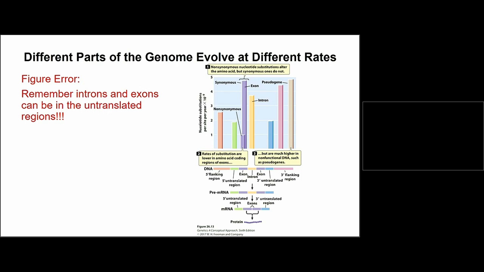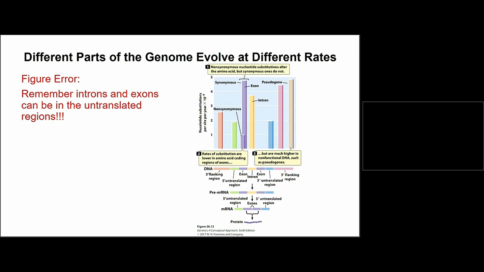So why is this important? Why do we care about mutation rates in different parts of the genome? Well, if we assume constant mutation rates, what we can do is compare two sequences and say, ooh, here's a sequence from a cat and here's a sequence from a chicken. How different are they? How many changes are there between the two? How many mutations have happened between those two genes?